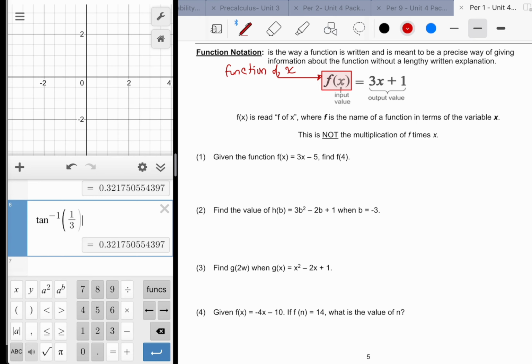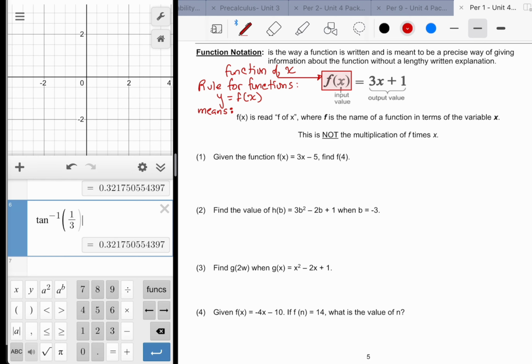All right. So what we say as a general rule for functions is y equals f of x, which means, well, it's a direct relationship, as in, you can substitute.